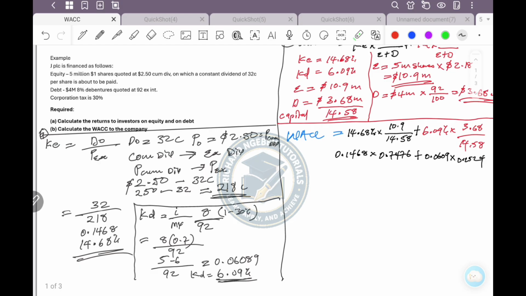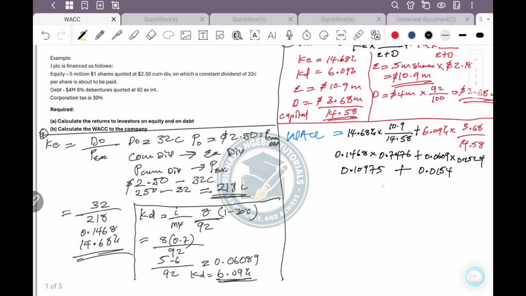Okay, so let's proceed from here. When you multiply this number by this one, each will give you 0.10975, plus the other one will give you 0.0154.